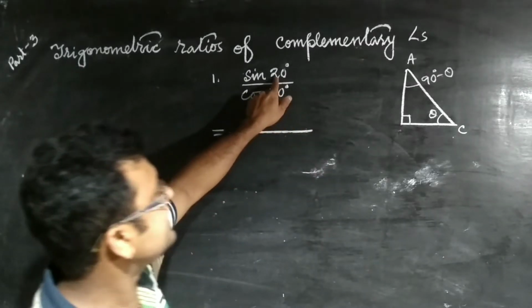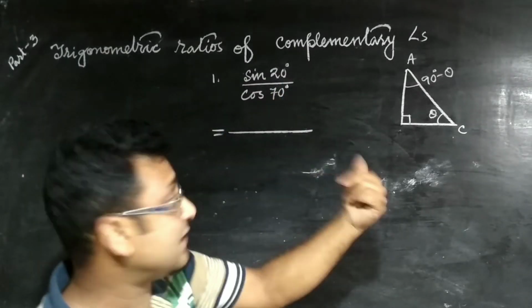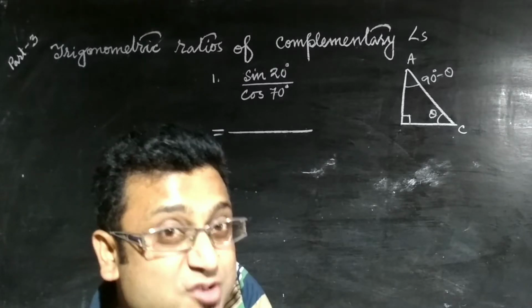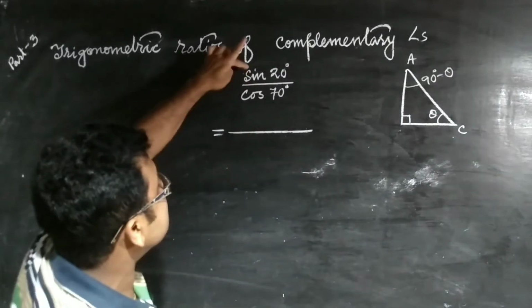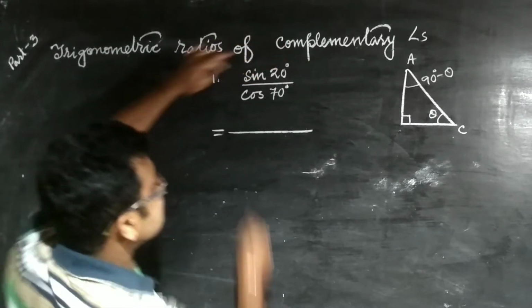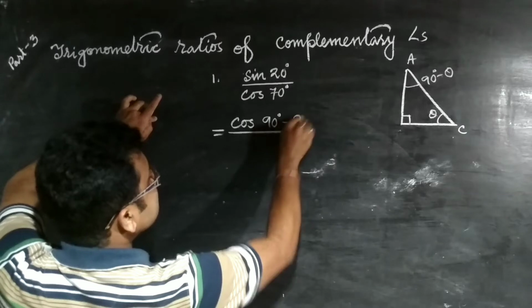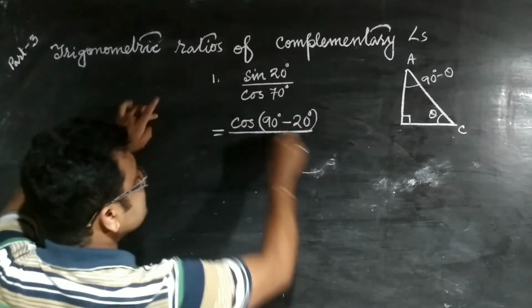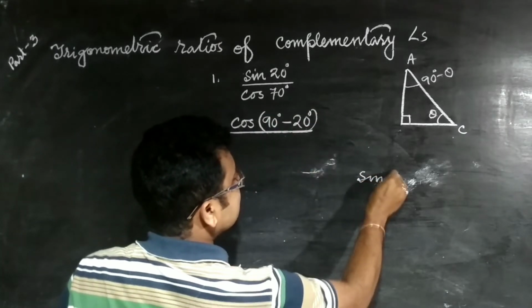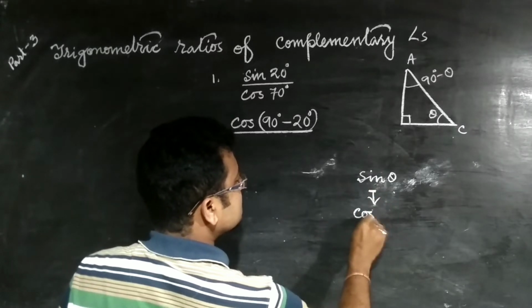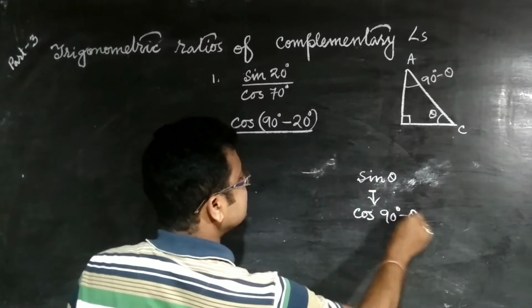Here it is 20. So I know the formulas that I have shown you, that sine theta is cos 90 minus theta. Here theta is 20. Just remember sine theta equals cos 90 degree minus theta.